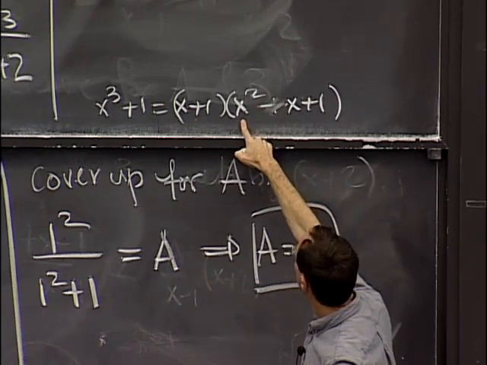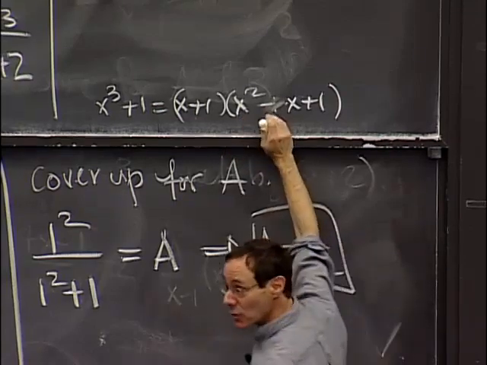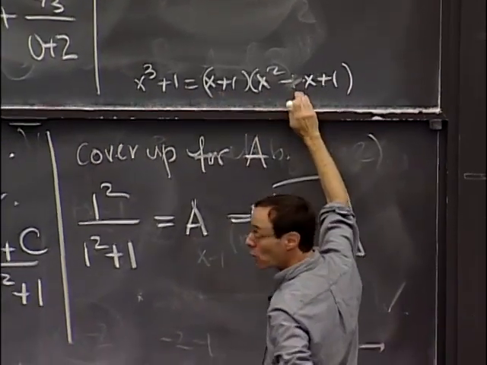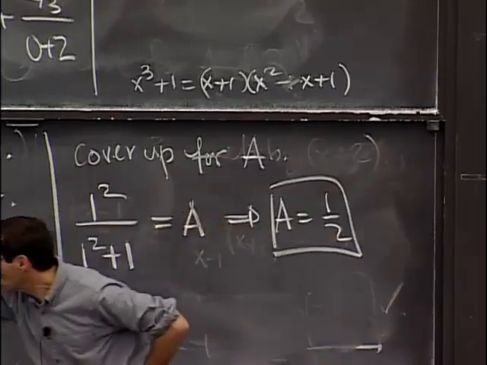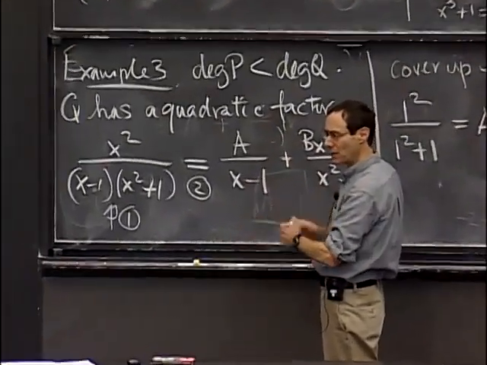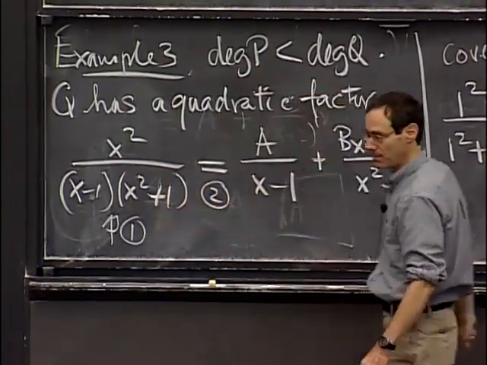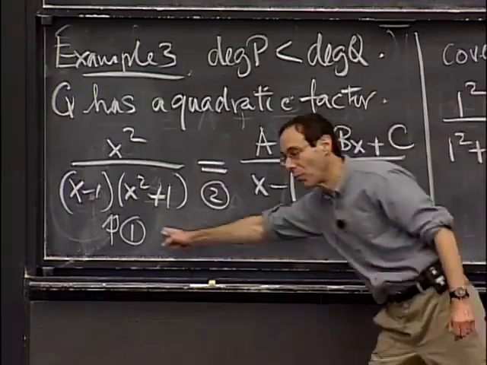Isn't that what it is? I think this is right. But anyway, the point is you have to factor it. And then you have a linear and a quadratic. So you're always going to be faced eventually with linear factors and quadratic factors. If you have a cubic, that means you haven't factored sufficiently, so you're still back in step 1.